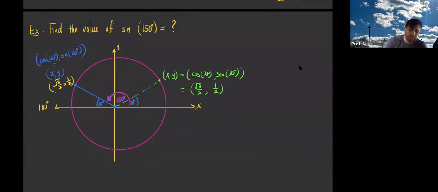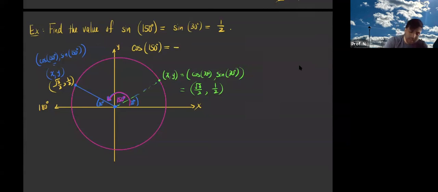So sine of 150 degrees is actually the same thing as sine of 30, which is 1/2. And in the same token, look what I found. Cosine of 150 degrees is not positive rad 3 over 2.